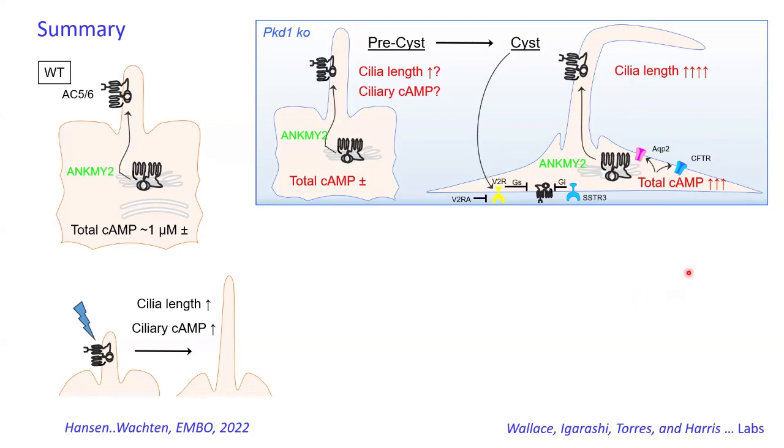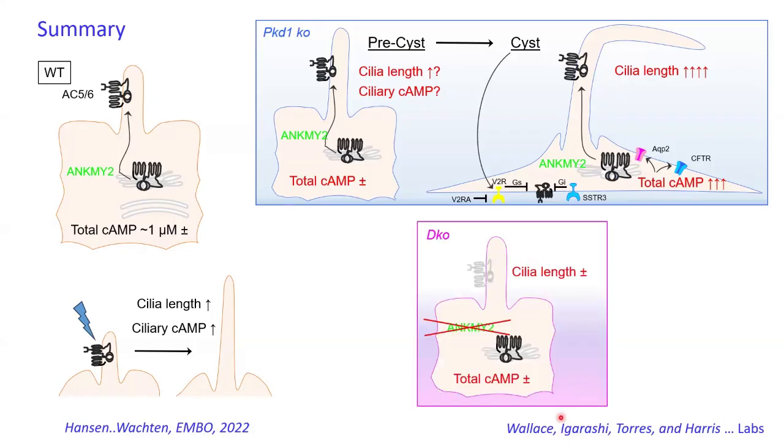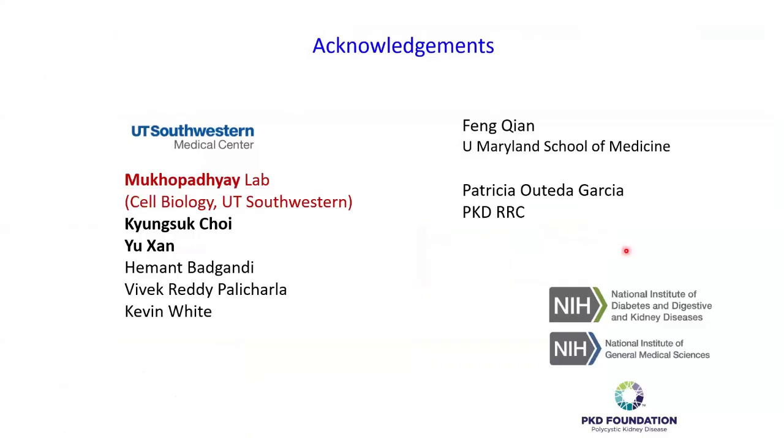This could be from high cyclic AMP, from total cyclic AMP levels, or from increased ciliary levels starting from pre-cystic conditions. And in the DKO, the ciliary lengths are not increased, suggesting that low cyclic AMP in cilia contributes to this effect. These results suggest a pre-cystic ciliary pathway contributing to cystogenesis.